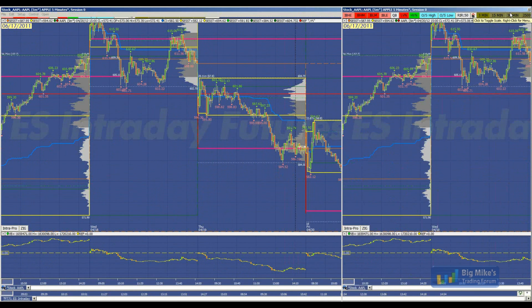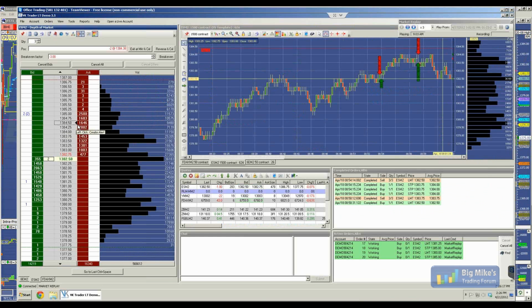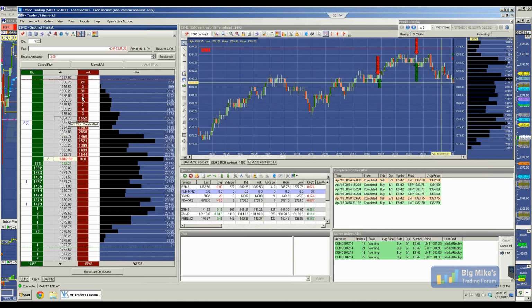So actually, it just got the fill on that other contract. So right now, my theoretical average is up here at 84.50. So if I move the stop to 84.50, I would net 0 contracts or 0 P&L on the trade. So now I can let this trade kind of do its thing, and it's got plenty of room.